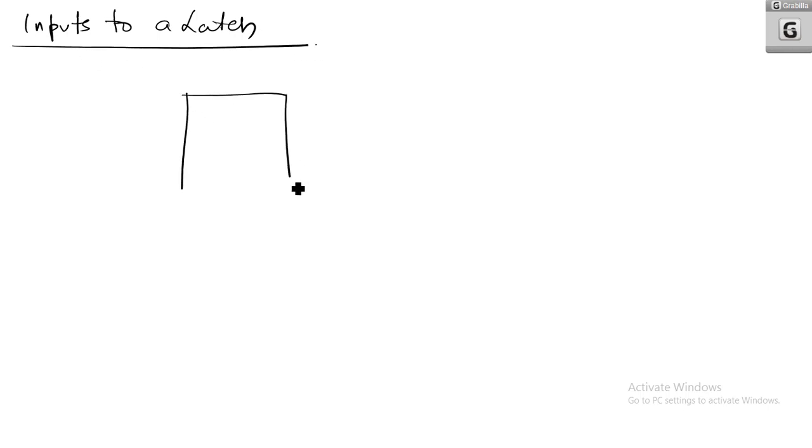Now, what are the inputs to a latch? There are two types of input to a latch. Here we are having a latch, let it be a black box right now. We are having a set input and a reset input, and there are two outputs.